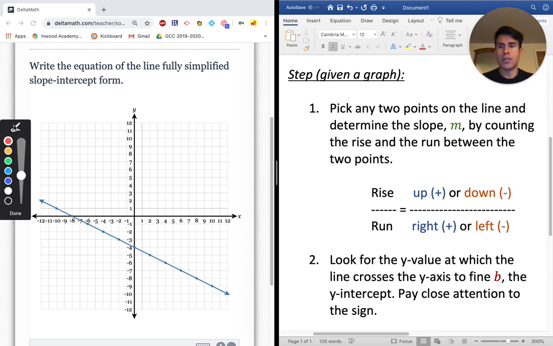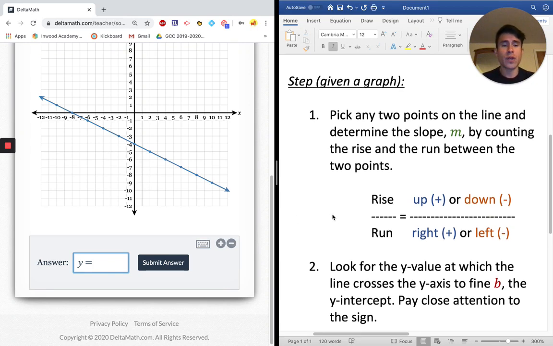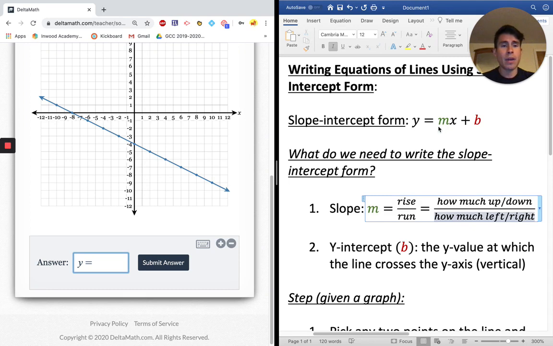Now, to make this easier on yourselves, notice you have to give your answer as an equation. Remember, an equation means that you need an equal sign there. So all of these answers are going to start off as y equals, because that's part of the slope-intercept form. We already just figured out our m, our slope.